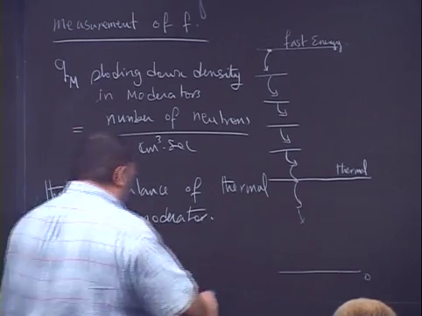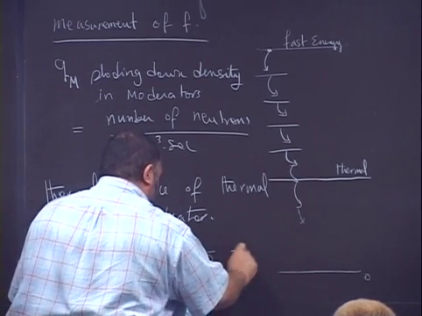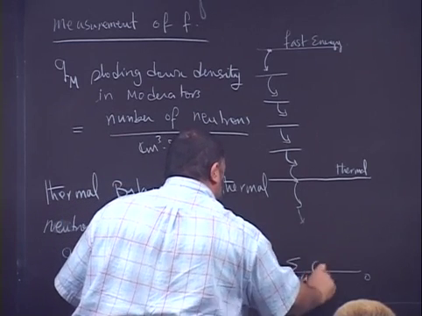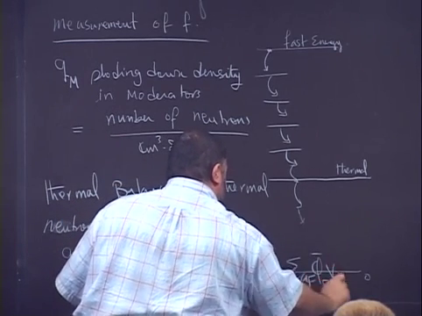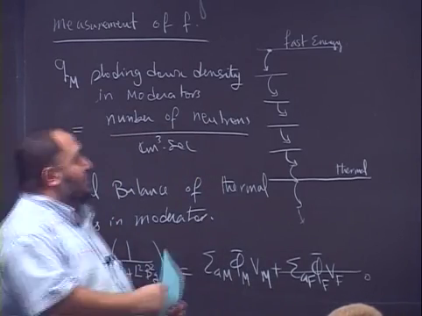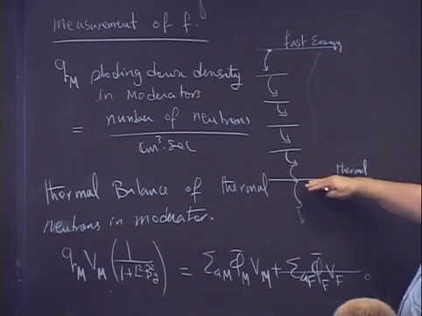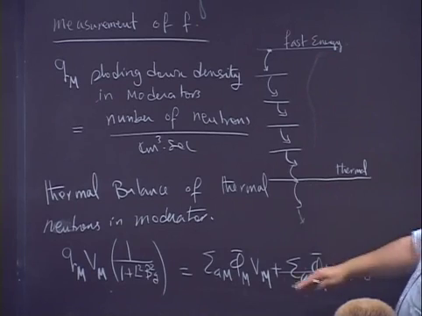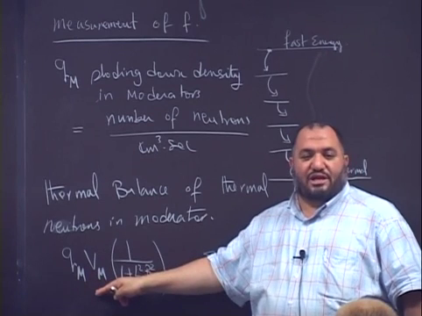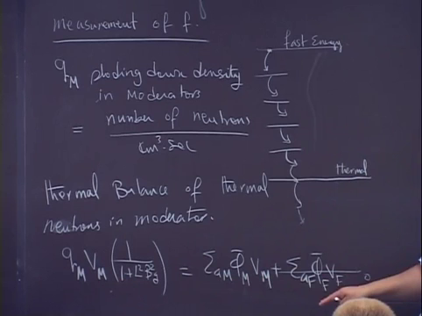So this number here should be equal to sigma absorption in the moderator, phi in the moderator, volume of the moderator, plus sigma absorption in the fuel, phi in the fuel, average volume of the fuel. So what does it mean? It means that the neutrons that slow down from the fission energy and reach the border of the thermal energy region, if they escape from leaking from the system, must get absorbed either in the fuel or the moderator.